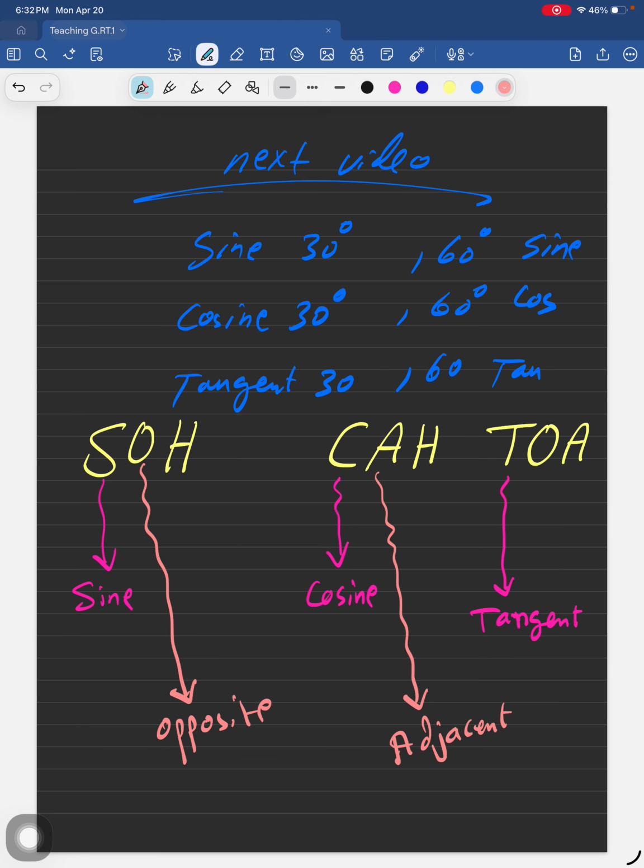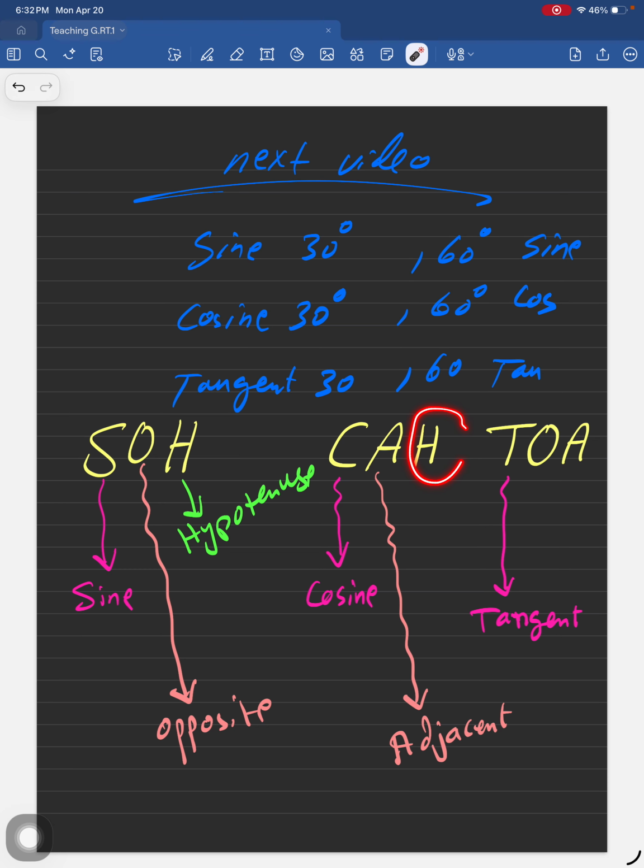Finally, we will talk about the H, and the H in this case represents the hypotenuse, and this H here is the same as this H here, which is the hypotenuse.